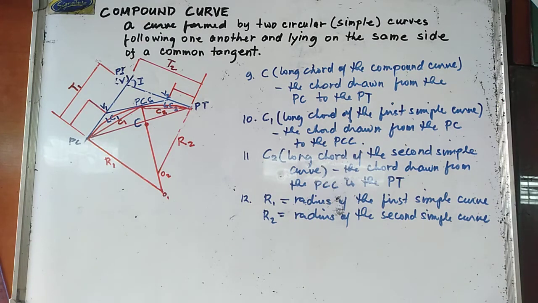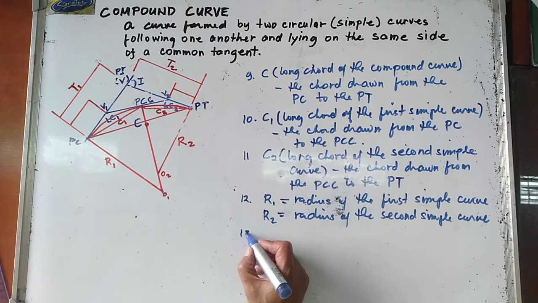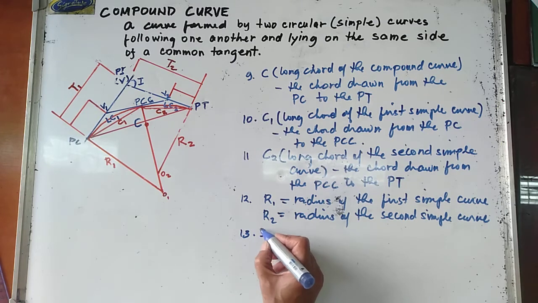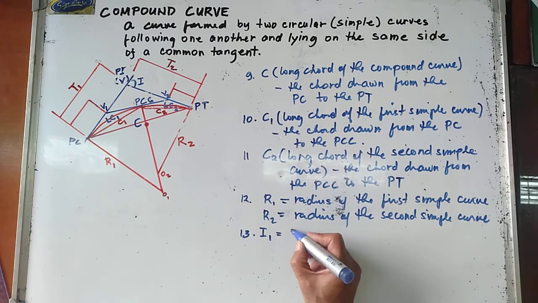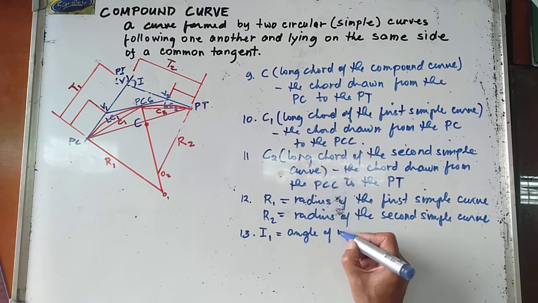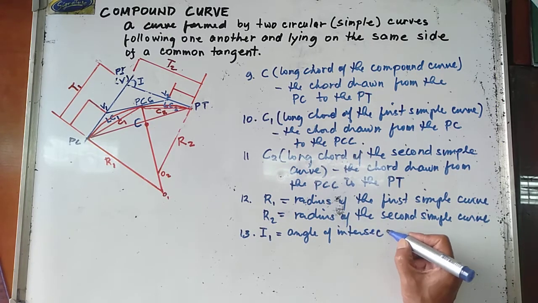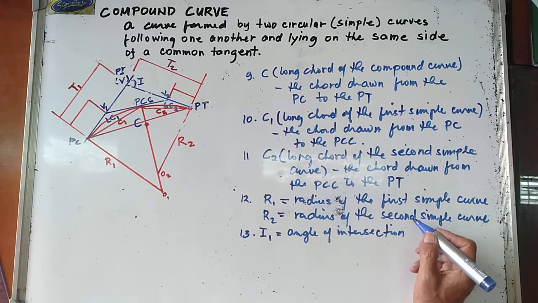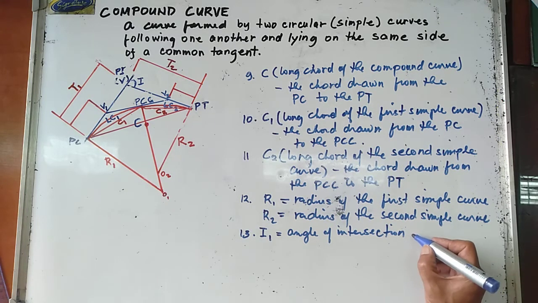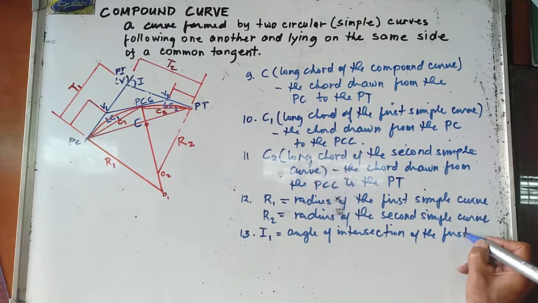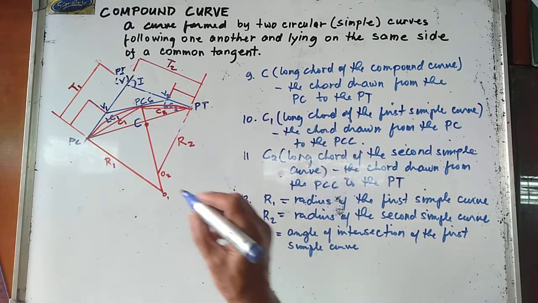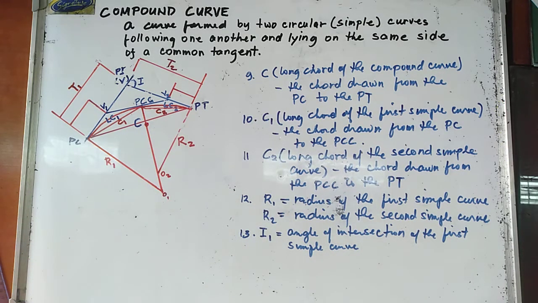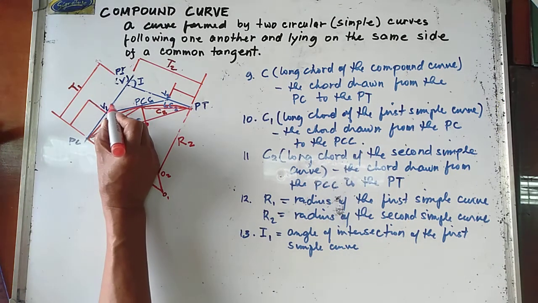We still have other elements of the compound curve. Your I1 is the angle of intersection of the first simple curve.